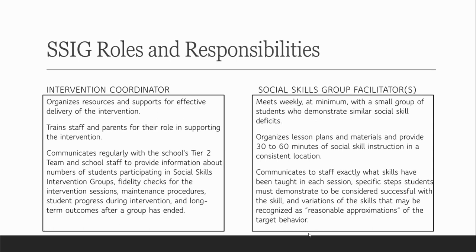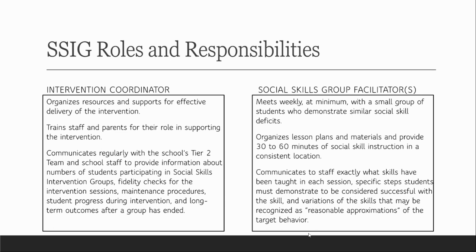And that intervention coordinator is going to be responsible for communicating regularly with the school's tier 2 team, as well as the school staff, and providing information about the number of students participating in social skills intervention groups, and the fidelity checks: how well this intervention is being implemented during those intervention sessions.